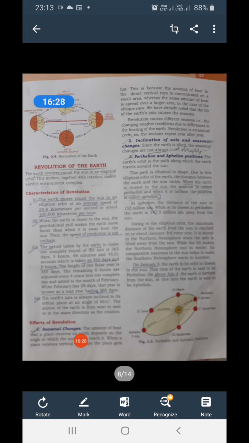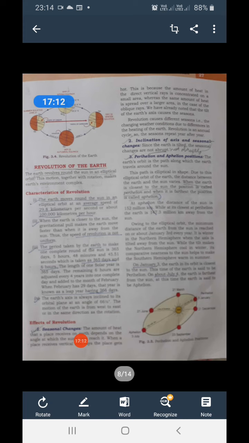This is because the amount of heat in the direct vertical rays is concentrated on a small area, whereas the same amount of heat is spread over a large area if the rays of the sun are oblique. Now this detailed explanation of how seasons take place, again I'll explain to you later and with the help of a diagram. So you just remember that revolution of the earth, the last paragraph, causes different seasons and the changing weather conditions due to difference in the heating of the earth.